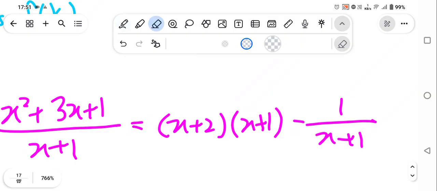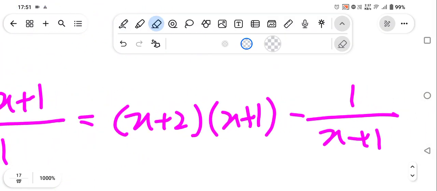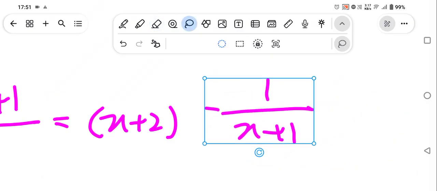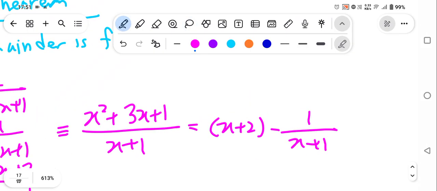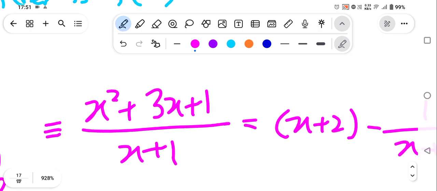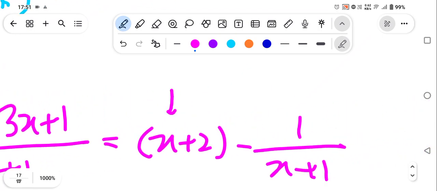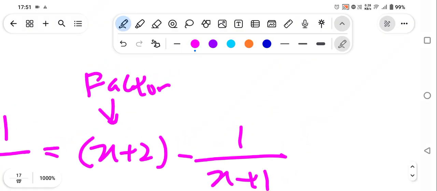Alright, my bad. So you see, if you divide something, you will get a quotient and a remainder.